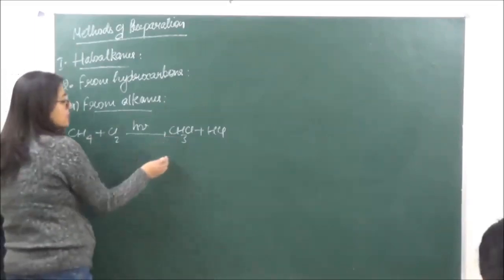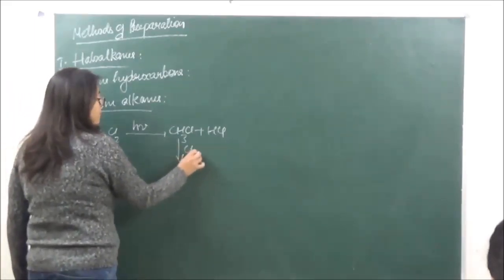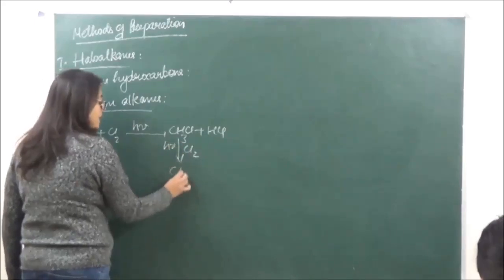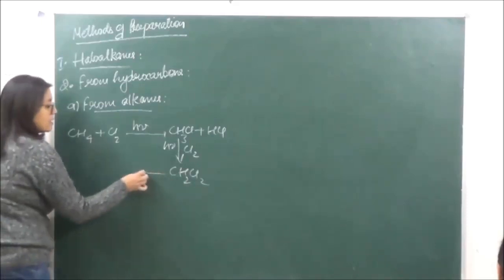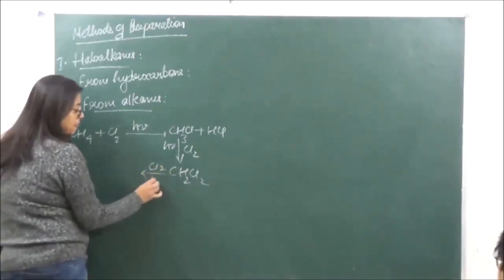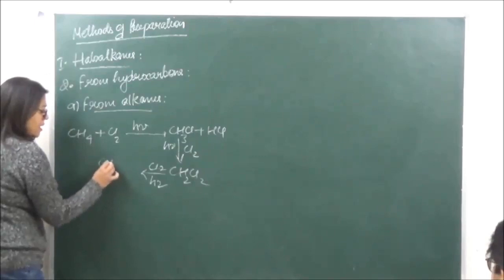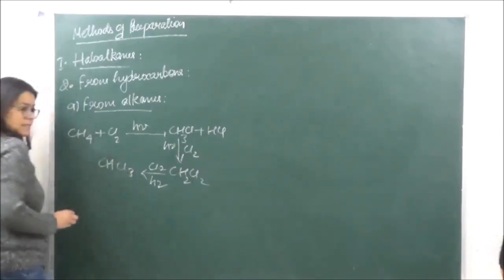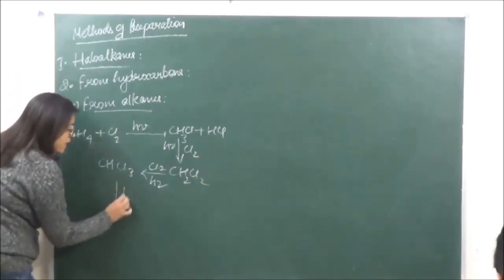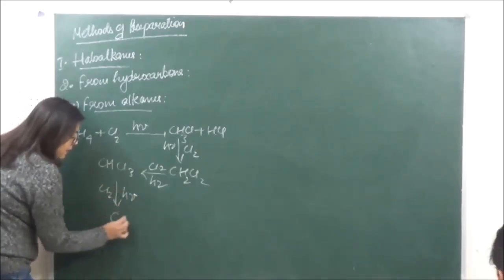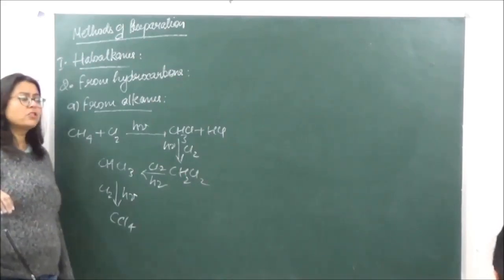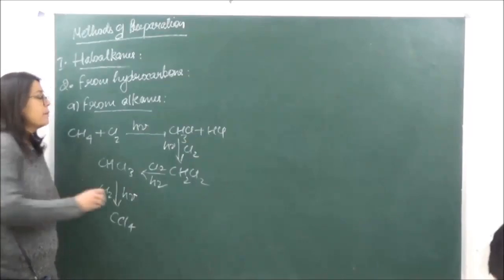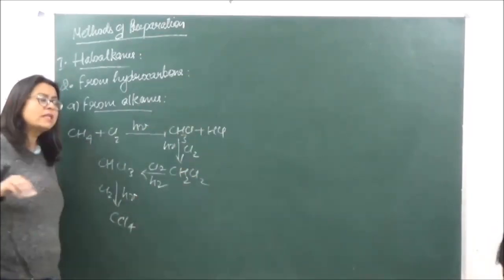So this CH3Cl formed here reacts further with Cl2 to give us methylene dichloride. Further reaction gives us chloroform, CHCl3, and this reacts further to give us carbon tetrachloride. So over here, this method is not a suitable method for the preparation of haloalkanes in the laboratory, because we are going to get a mixture of all these products.